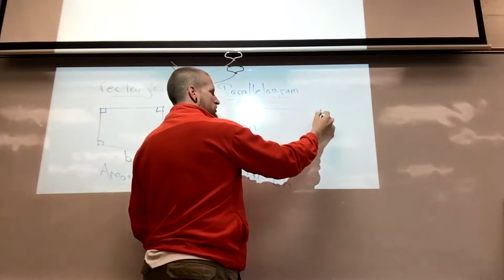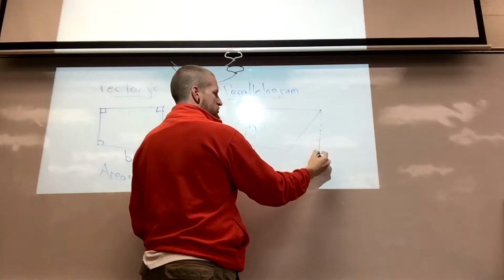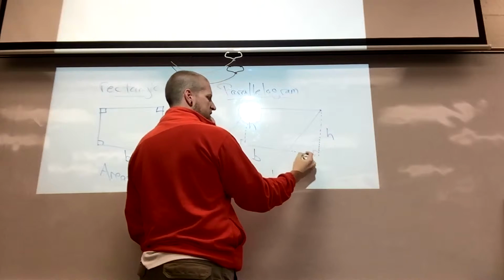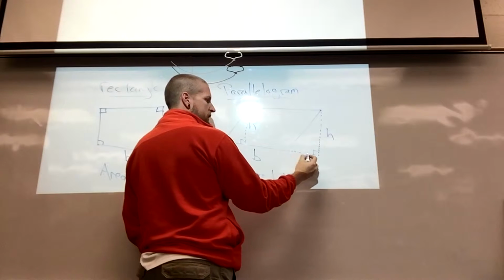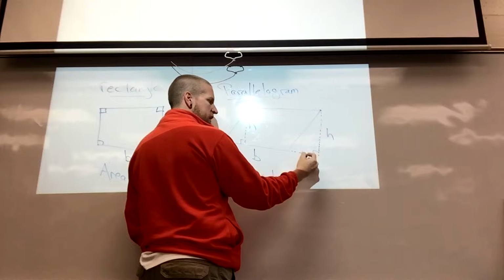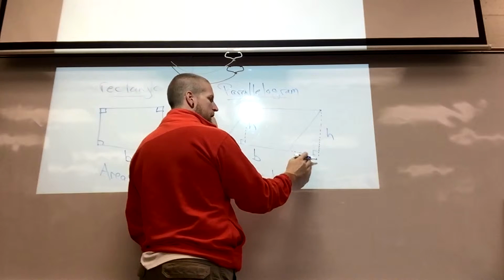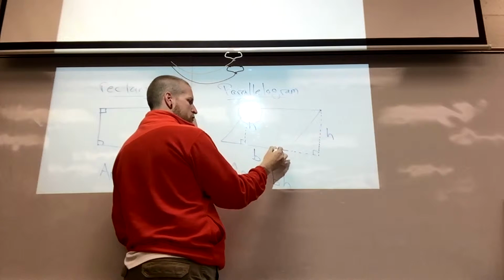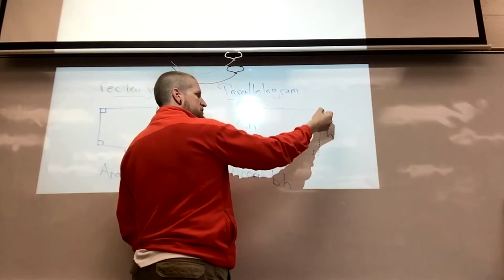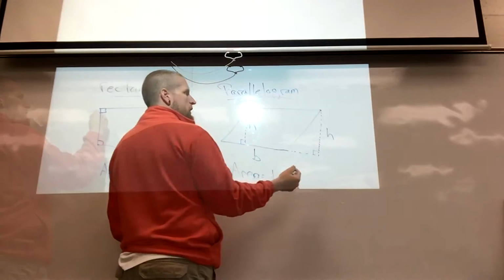The height can also be drawn outside, and usually they'll extend this out. This dashed line isn't part of the shape, just remember that. So if they put a number here, ignore it. You're only concerned with the actual side lengths for the base, and the height is just the distance between them.